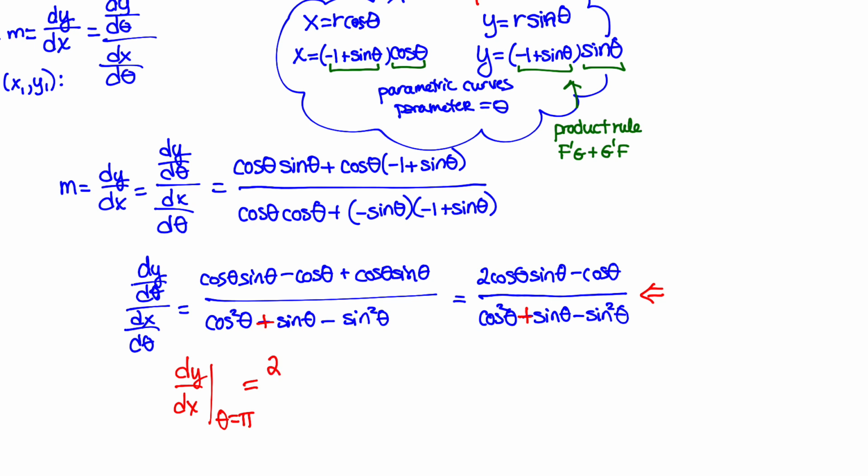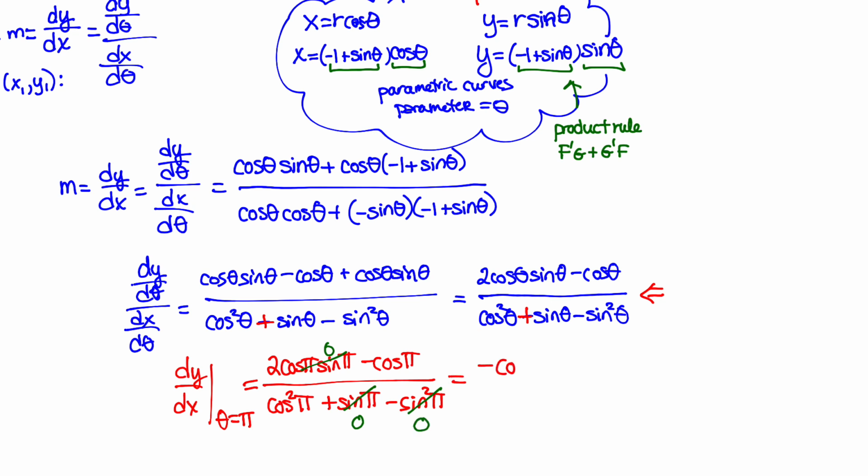So that gives me 2 cosine of pi, sine of pi. Oh, that is so nice. Because cosine of pi is just what? 0. Absolutely it is. Cosine of pi is just 0. So that drops that whole term out. Drops that term out. Drops that term out.